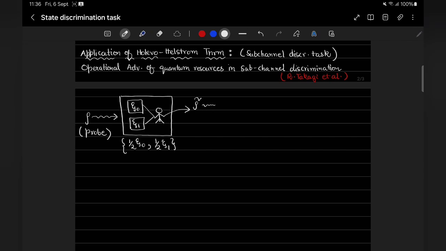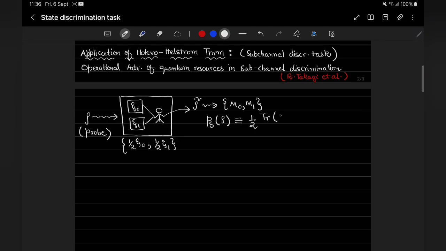So we measure this output state with some optimal POVM M0, M1, and the task is to maximize the success probability of guessing. The probability of success for a state rho is defined as follows: with probability half, the channel applied is epsilon 0, and I also measure that.